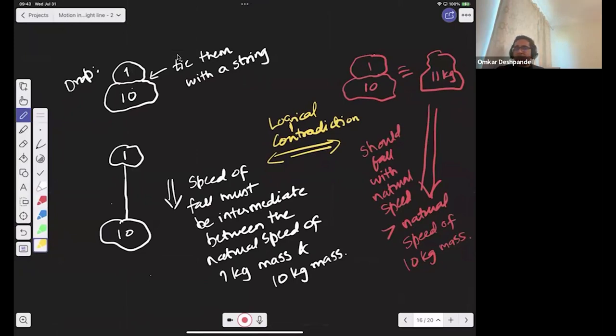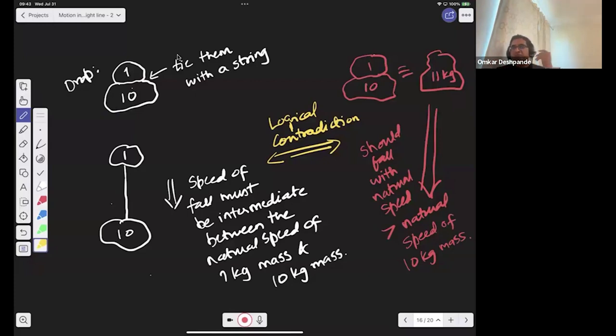And what is that wrong assumption? Well, the assumption that we started with, that when an object is dropped, it falls with a speed that's proportional to its mass. This was Galileo. Galileo was proud of the fact that one could do math and apply logic and conclude things about the physical world without having to do any experiments.